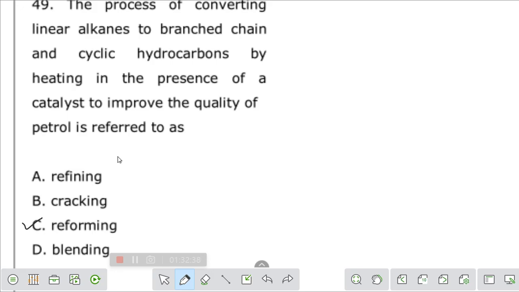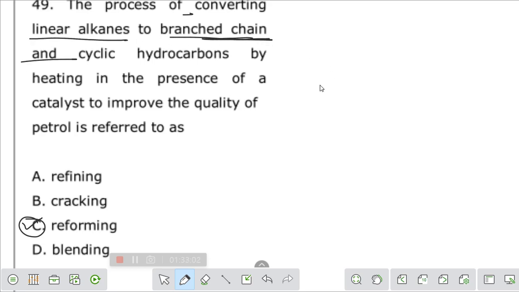So that's why you notice that people use petrol more than they use diesel, more than they use bitumen. How many people are using all those larger fractions of petroleum? So the answer is reforming.